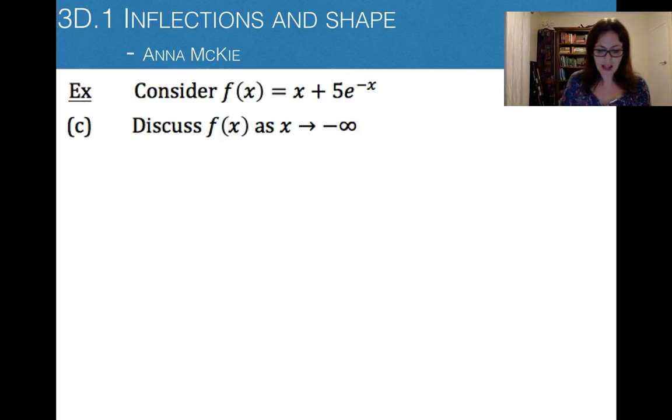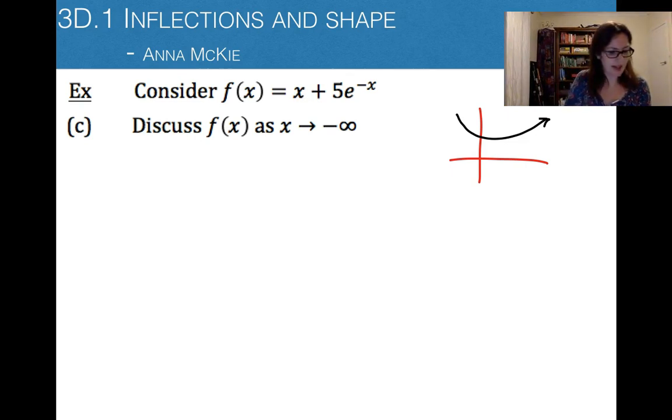Okay, and one more here, discussing infinity concepts. As x heads towards negative infinity, you need to think about where x is and what would happen. Now, remember, that's approximately what we're thinking of. The bit with the exponential, though, is going to be more affected by large numbers than plain x on its own.